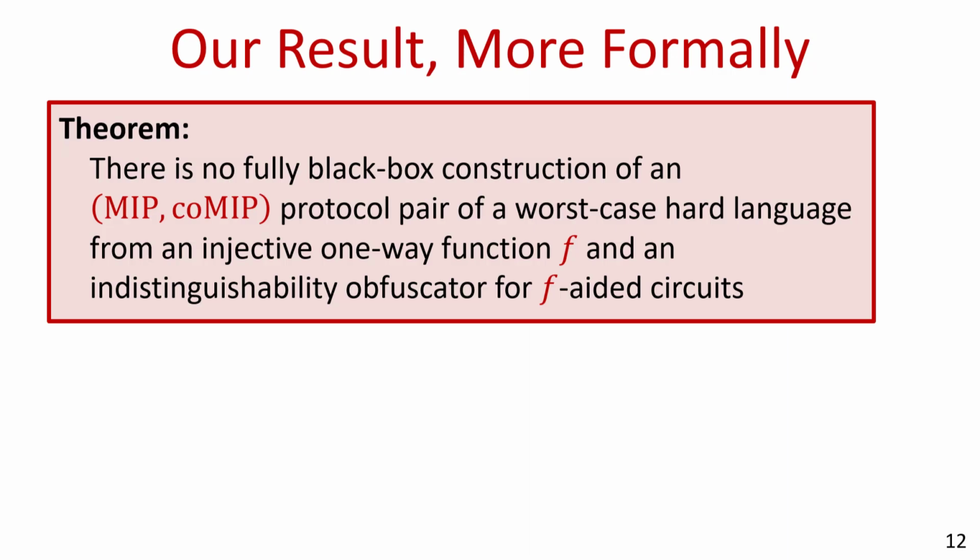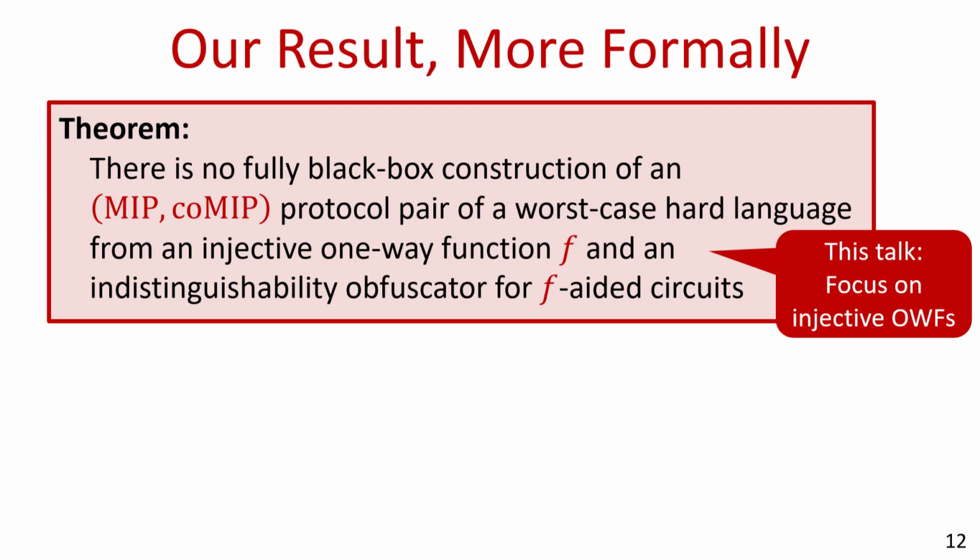Our main theorem is that there is no fully black box construction of an MIP-CoMIP protocol pair of a worst-case hard language from an injective one-way function f and an indistinguishability obfuscator for f-aided circuits. As I said before, I won't define what this I/O means exactly, but rather in this talk we will focus on injective one-way functions. And this already covers a significant amount of our technical contribution.